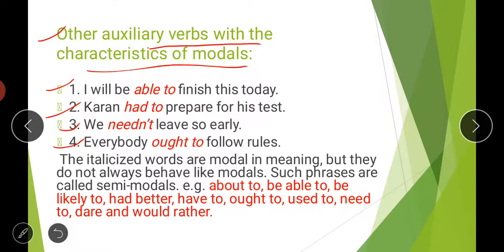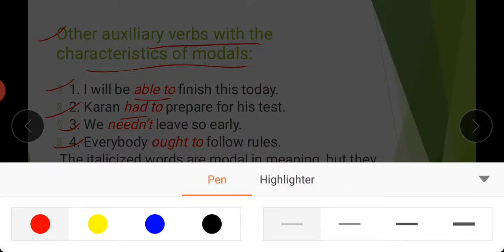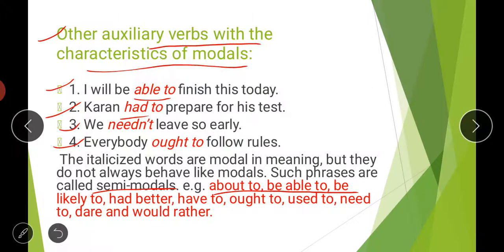So all these italicized words written in red are modal in meaning, but they do not always behave like modals. Such phrases are called your semi-modals. For example, about to, be able to, likely to, had better, have to, ought to, used to, need to, dare, and would rather.